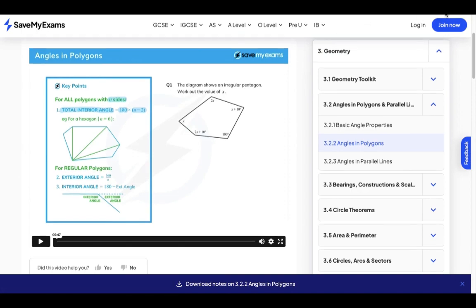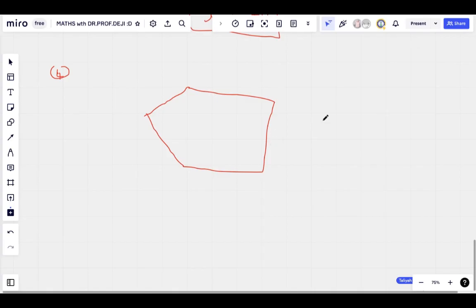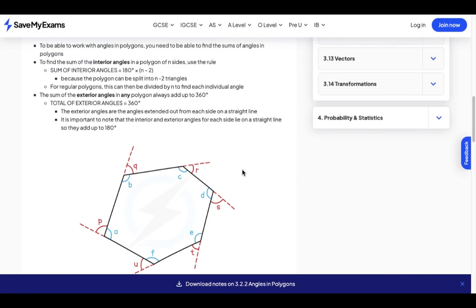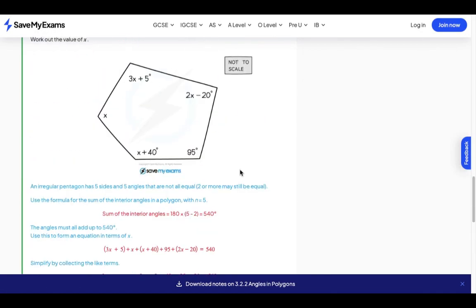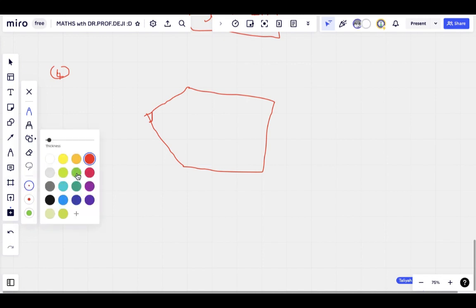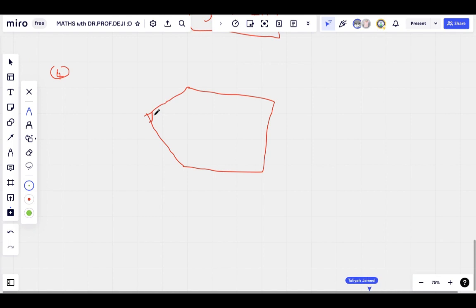Yeah, let me draw it on the whiteboard. Here is x, 3x plus 5. Here is x. Here is 3x plus 5.